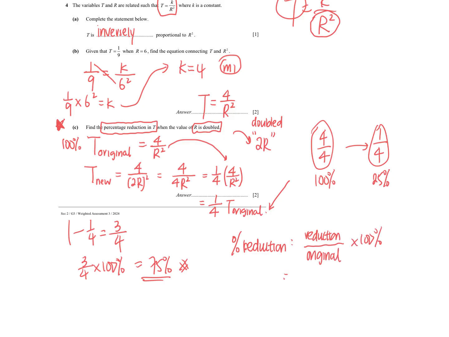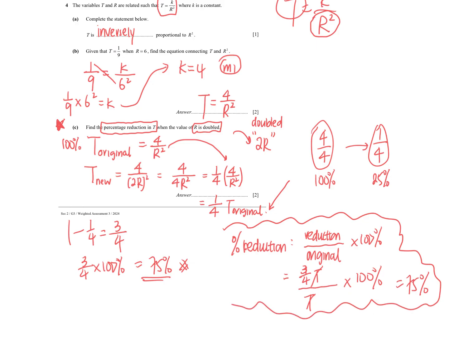So just now you know that original is just your T, right? And then now you have reduced by 3/4 T. So that's why you are left with 75%. So this is by formula, but if you just want to make sense of the percentage also can.